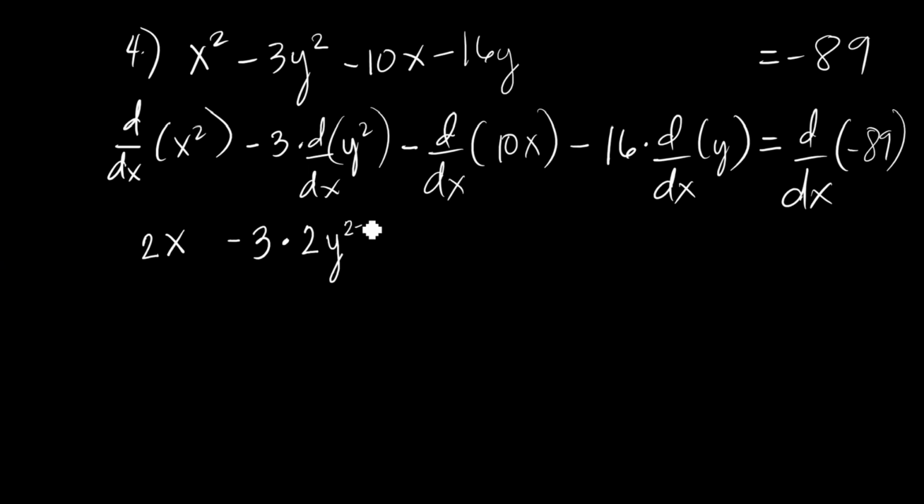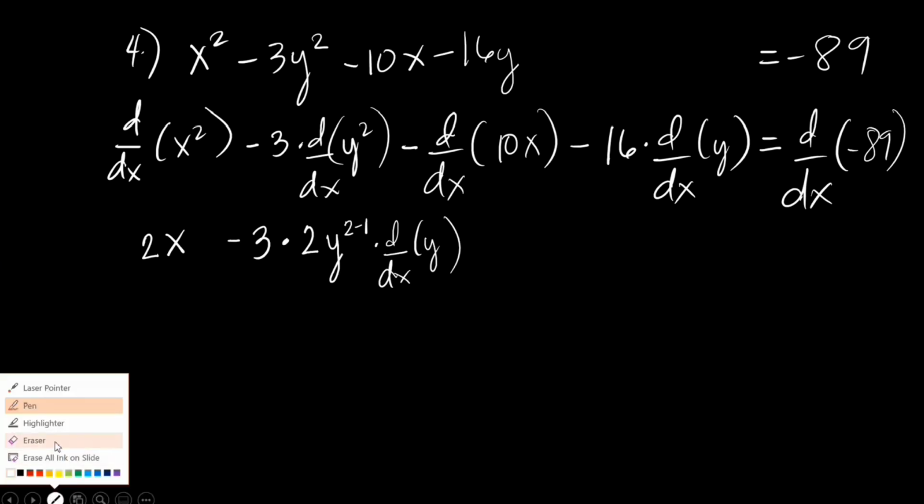If you still want to write it, you can. Actually, you can already directly put the derivative here. So we know that we need to multiply it by the derivative of y.